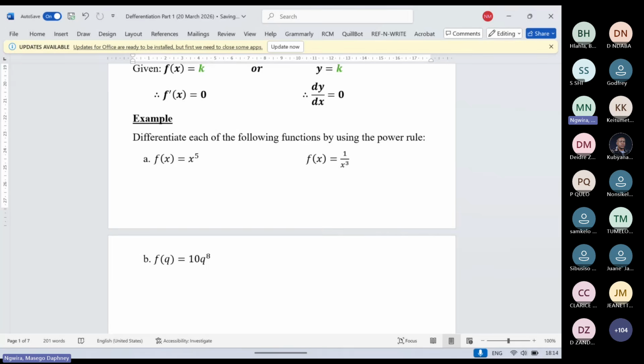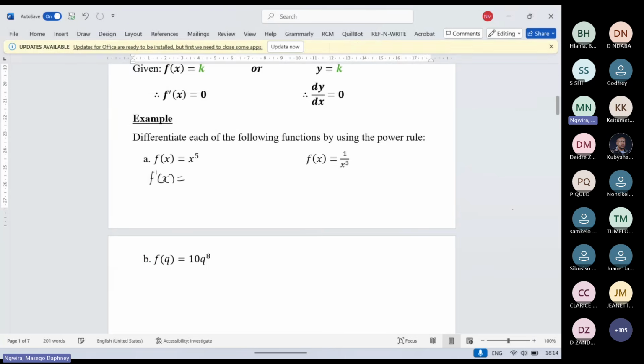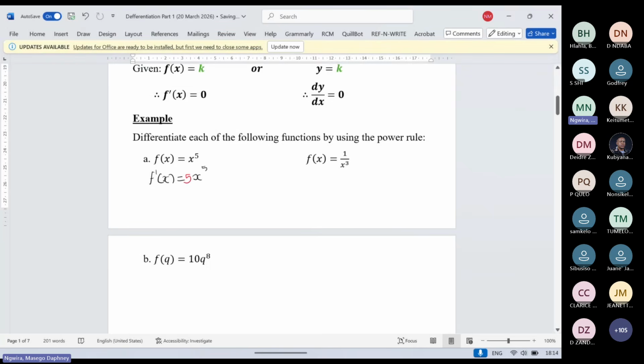When I differentiate, I'm going to say f prime x is equal to, I'm going to take the 5 and put it here. If you can remember, that's what I said. So I take this 5, and then this will be x to the power of 5 minus 1.